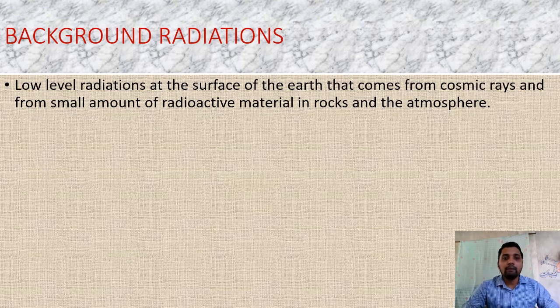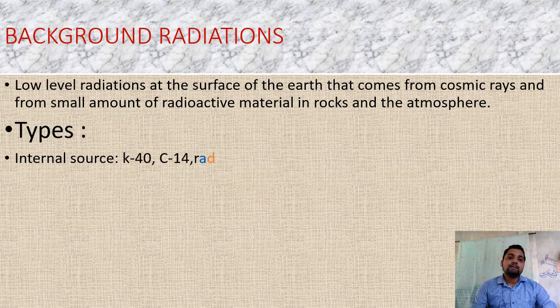Very low-level radiation at the surface of Earth comes from cosmic rays, from small amounts of radioactive materials in rocks, and the atmosphere, and it has a harmful effect on our body, due to which a living being can fall into different diseases. Usually we have two types of background radiation.